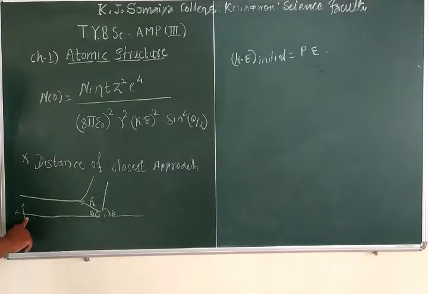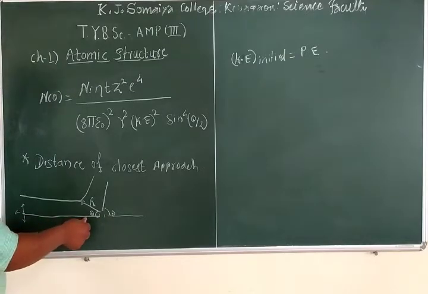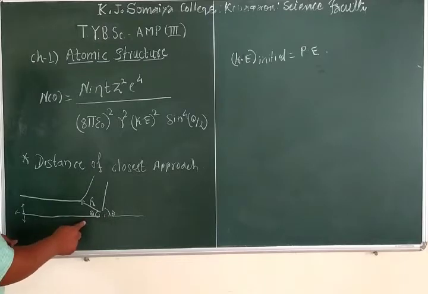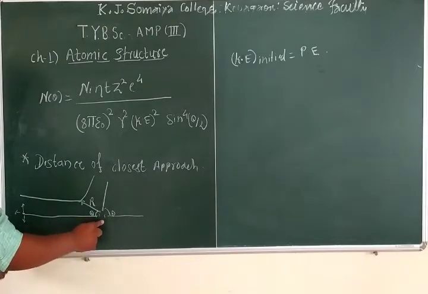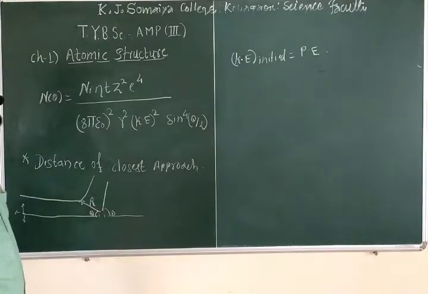Starting from the initial point, the kinetic energy of the alpha particle is more than at this position. There is a positive charge on the nucleus and a positive charge on the alpha particle, which repel each other, so the kinetic energy decreases and the potential energy is maximum, because the speed of the particle is minimum at this position. That is why we equate the initial kinetic energy and the potential energy.